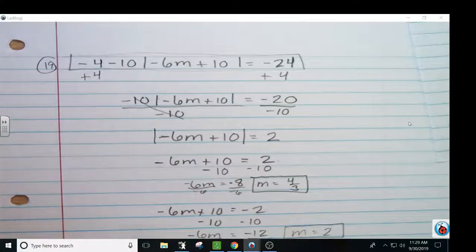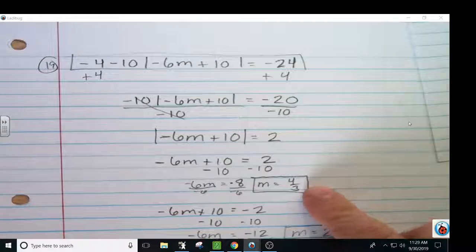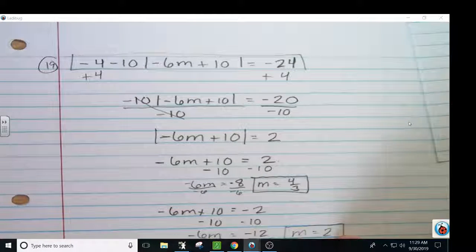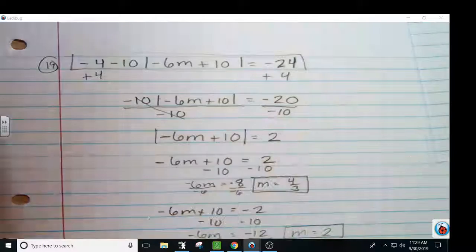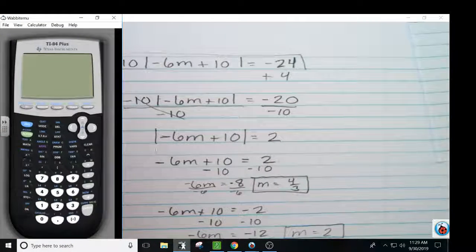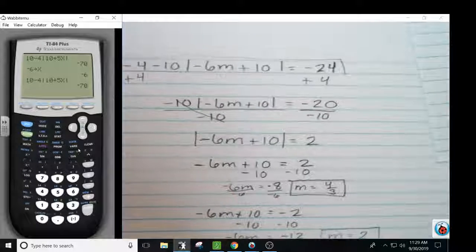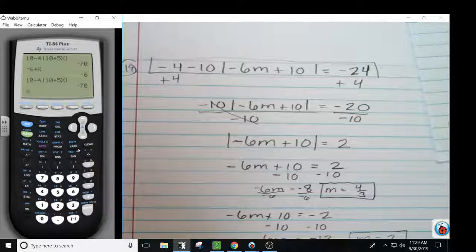Now we got a solution of 4/3 and positive 2. You're going to put the left side in the calculator. So here's how you do it. Negative 4 minus 10. You can do anything in the calculator if you know how to do it.